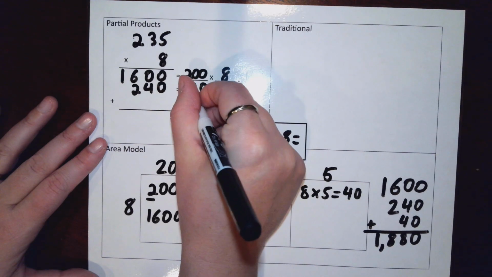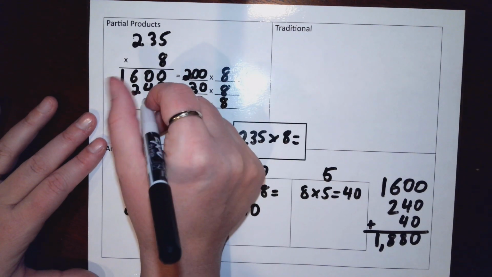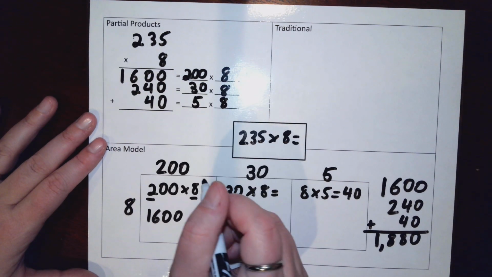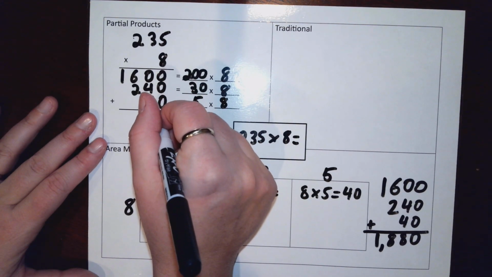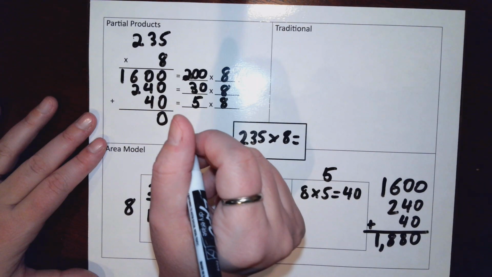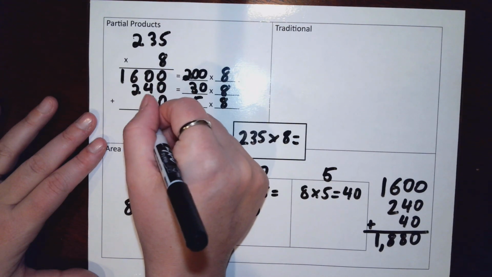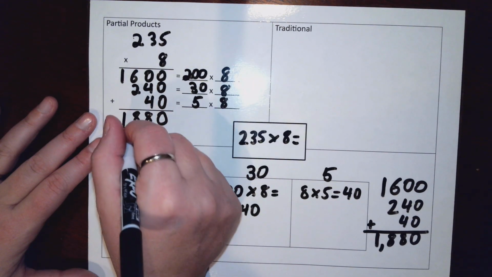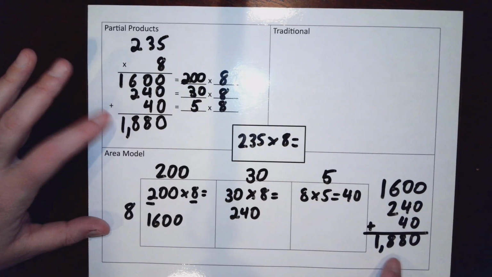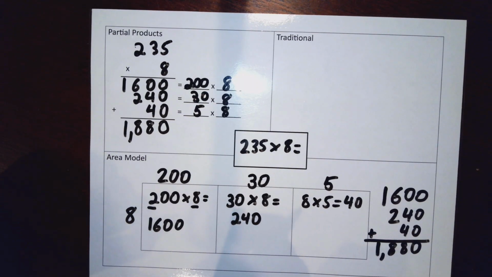And then I'm going to do my 5 times 8, which gives me 40. Okay? So I am going to add my ones, which is 0. Tens gives me 8. My hundreds gives me 8. And my thousands gives me 1. Oh, I'm headed in the right direction. I have the same product for both.